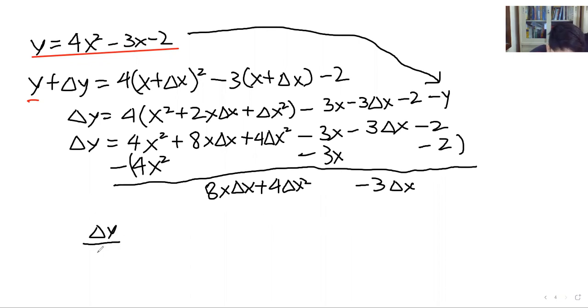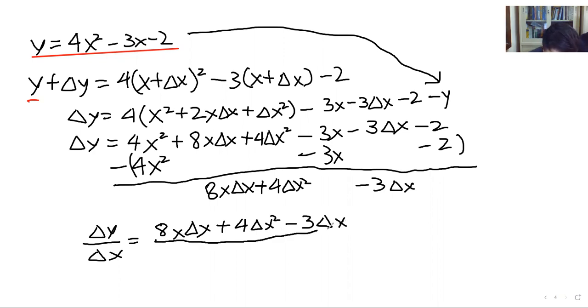So delta y over delta x, all over delta x. Here, we cancel this, so we can factor everything.